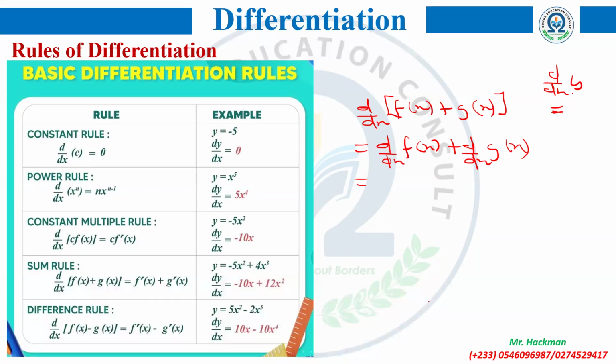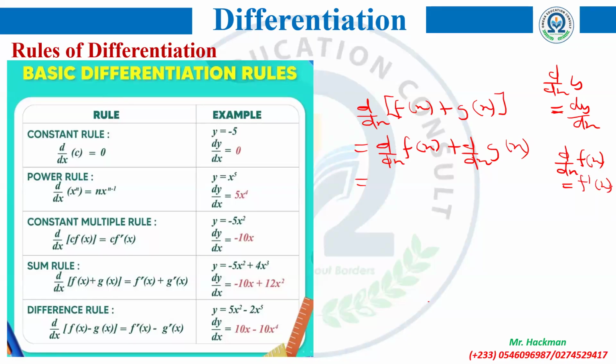But we know that when I was introducing you to the concept of differentiation and the first principle, I told you that if you have d dx of y, that gives us dy dx. Then I told you that if you have d dx of f of x, this will give us f prime of x.